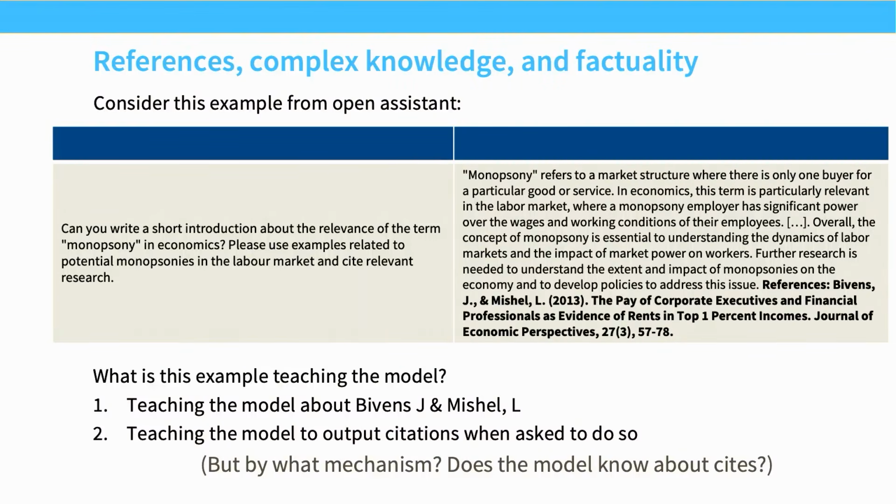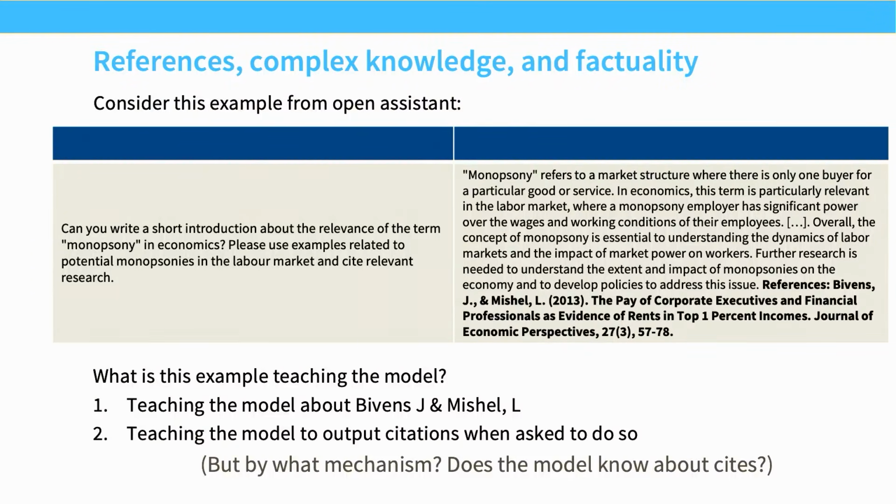For example, this response contains a reference to an article, this J. Michelle L., the pay of corporate executives, and so on, right? And so this is actually teaching the model two different things at once. Let's say you're SFTing on this data. First of all, you're doing next token prediction. So it's teaching the model about this Bivens J. and Michelle L. citation.